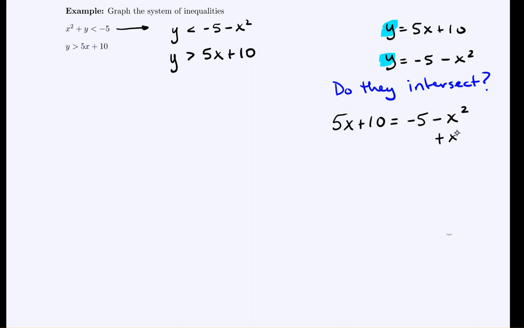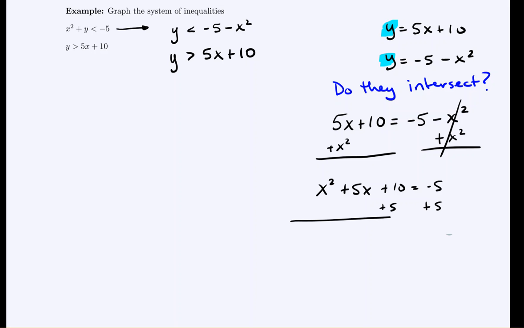I'm going to add the x squared over. Now x squared and x aren't like terms, so they don't combine. We can just leave it as x squared plus 5x plus 10 equals negative 5. Add 5 over to both sides. 0 equals x squared plus 5x plus 15.